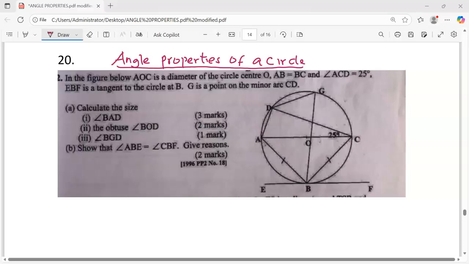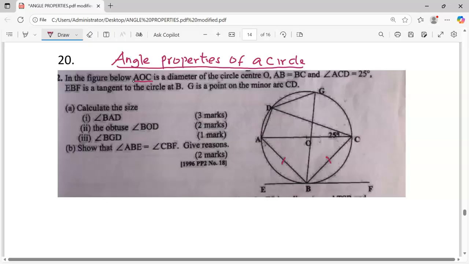We are presenting a question that was done in K.C.S.E 1996, paper 2, question number 18, a question on angle properties of a circle. We have been told that AC is the diameter of the circle with center O. You can see AB is equal to BC and angle ACD is 25 degrees.